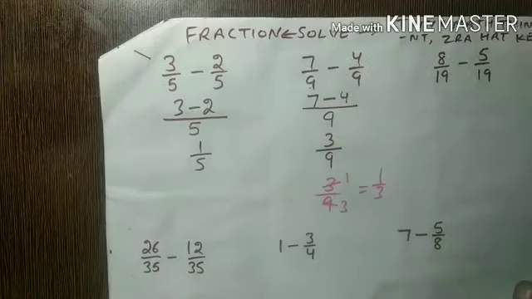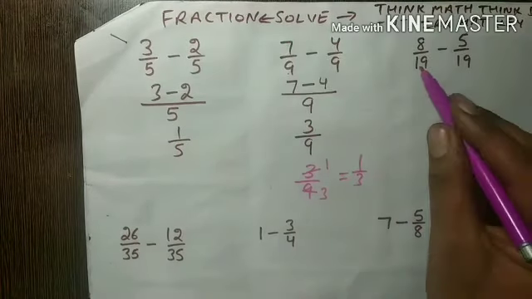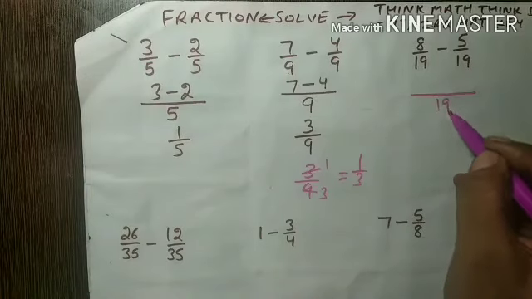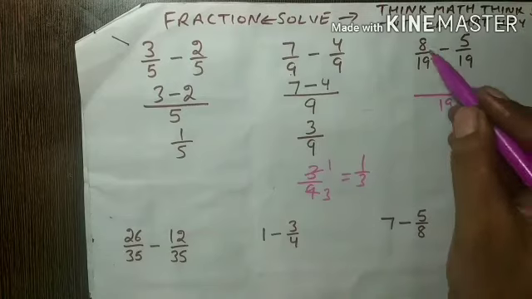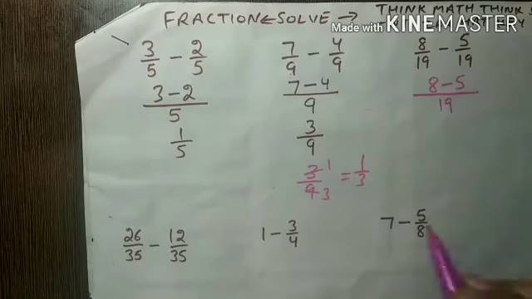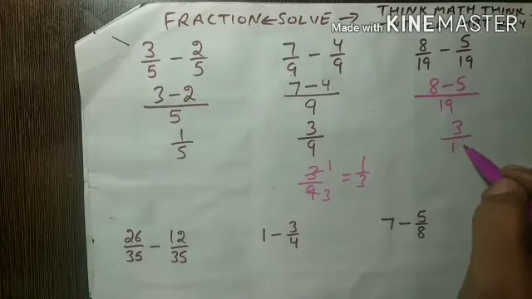Okay student, now you can see the third part. The common denominator is 19. So I will write 19 and, as per the rule, 8 minus 5. 8 minus 5, the answer is 3 and the denominator is 19.